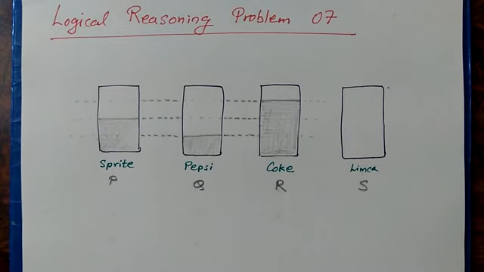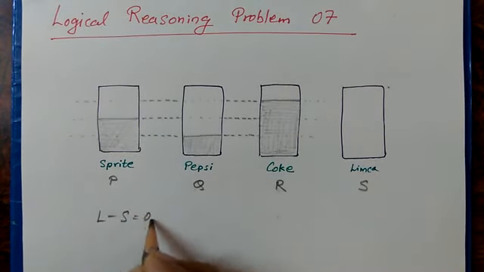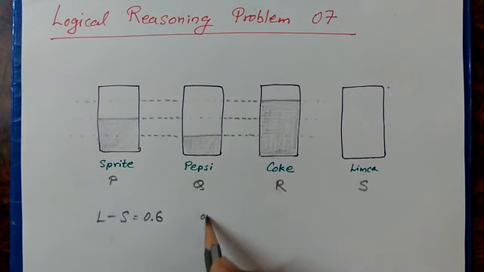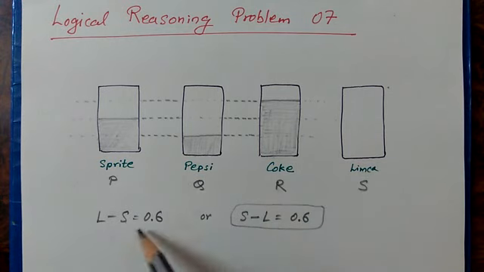The difference between the amount contained by Limca and Sprite is 0.6. So let's create the equation. L minus S is equal to 0.6. That means Limca minus Sprite is 0.6. Or there is another equation, S minus L is equal to 0.6. We are not going to use this equation, because using it will give erroneous results.